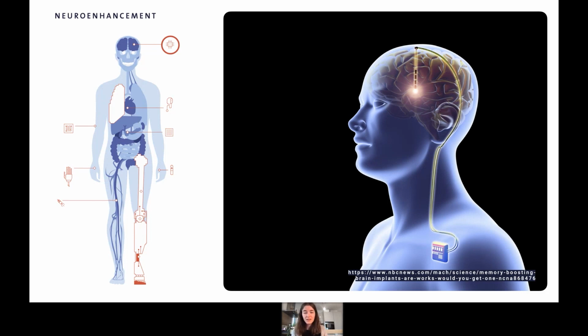And there's also this idea of a new kind of society that could be created with that, where only rich people may be able to bring their brain to new levels and be better than others.